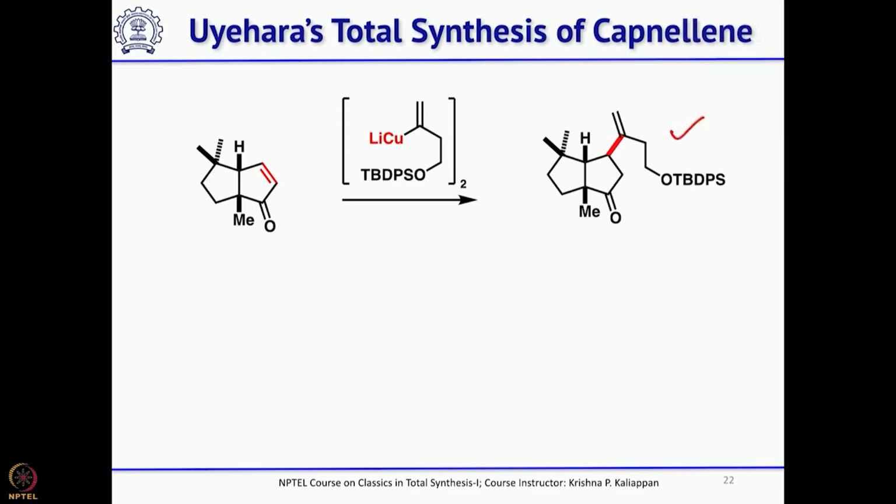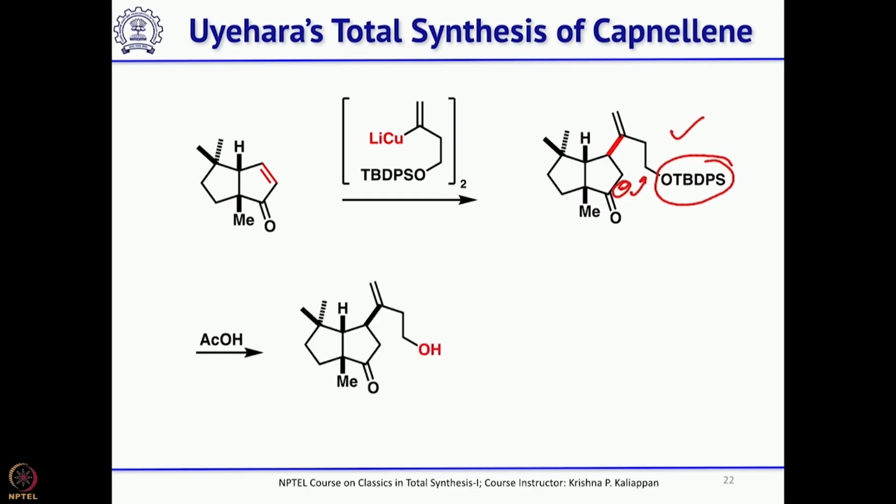Now as I said, next you have to make this a good leaving group, generate an anion, and then form the third ring. So for that you have to remove the TBDPS, get the alcohol, and convert it to a good leaving group. TBDPS can be easily removed if you treat with acetic acid, get the alcohol, convert that into tosylate.